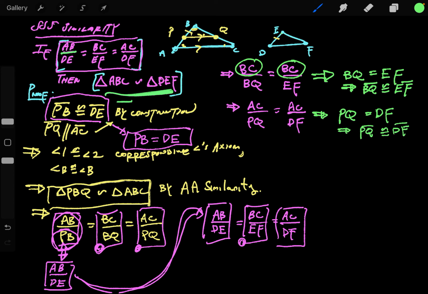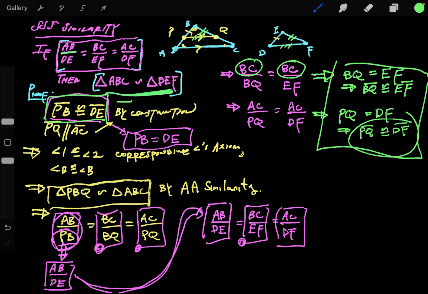And what did I have? I had by construction that PB was congruent to DE. So now let's look at our triangles. What's said over here is that BQ, this segment, is congruent to EF. And then I said that DF, this one, is congruent to PQ.